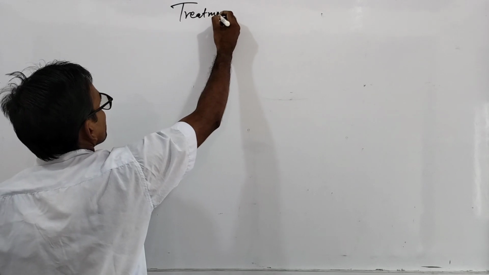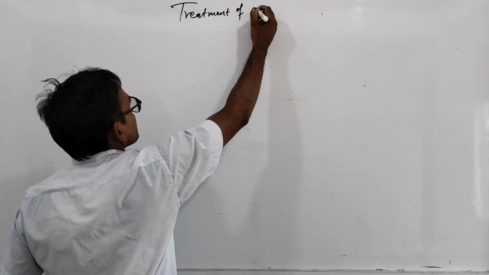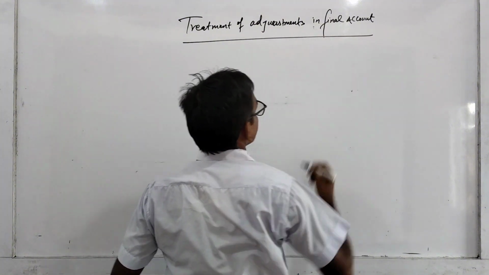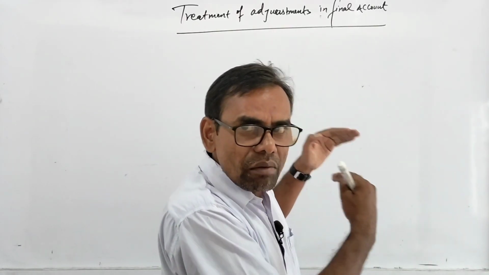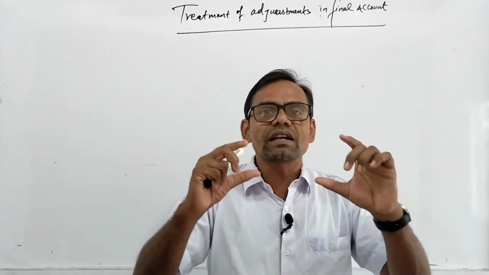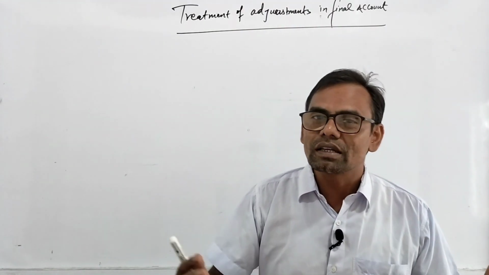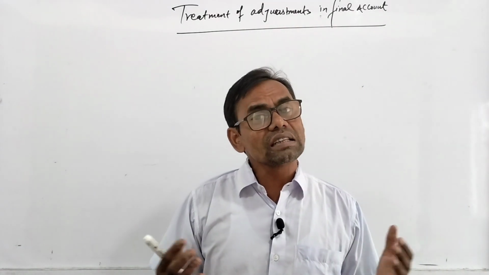Treatment of adjustments in final accounts. In your question, a trial balance is given and some adjustments are given below. What are these adjustments?